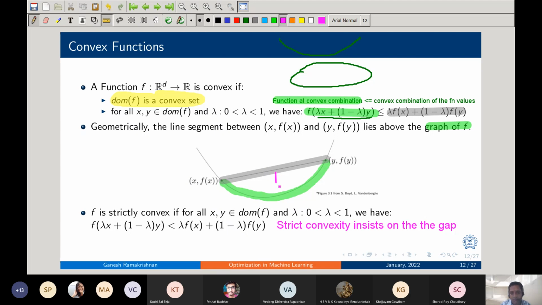Here, this is the graph. Now you should understand this gap is measured along the y-axis, the function axis. You can't take a perpendicular to the line segment itself.